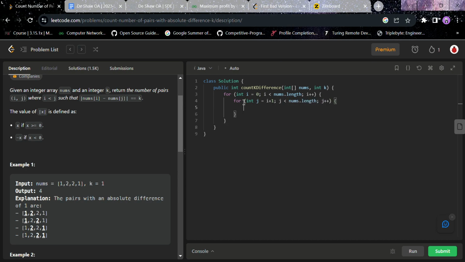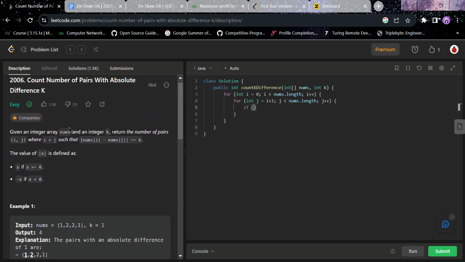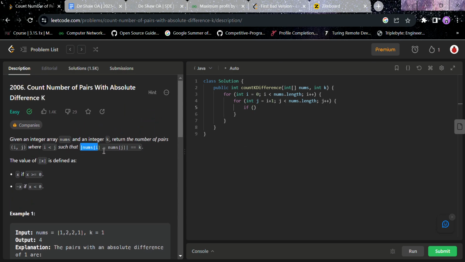Now we'll check this condition: the mod of nums of i minus nums of j is equal to k.